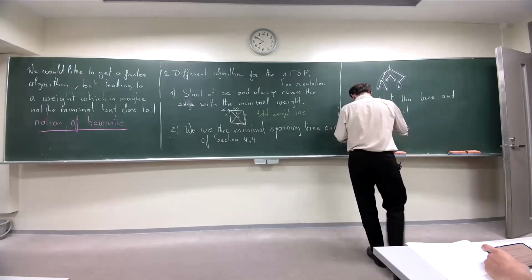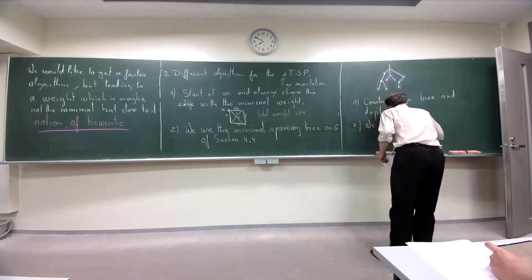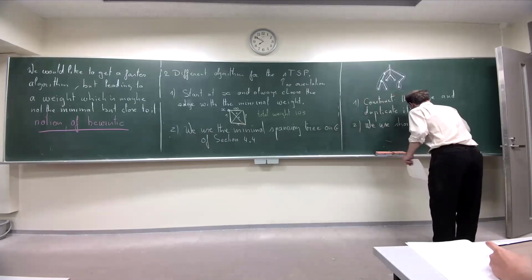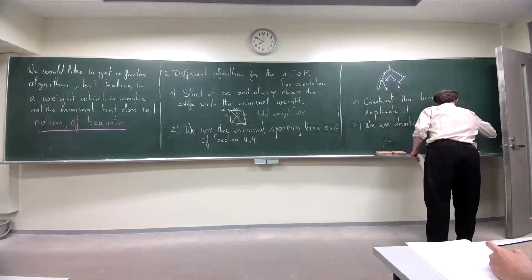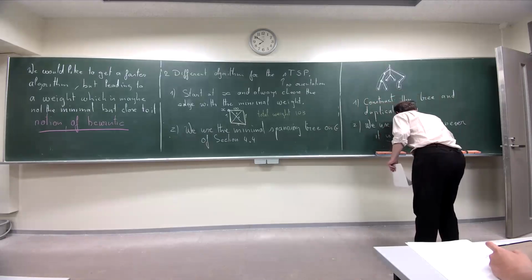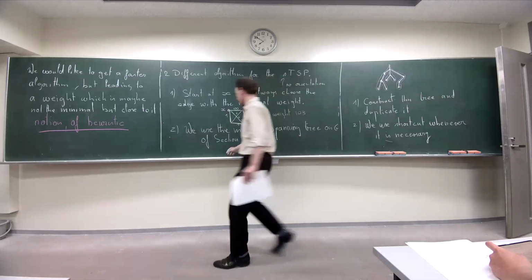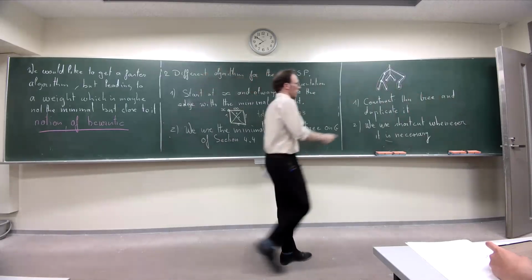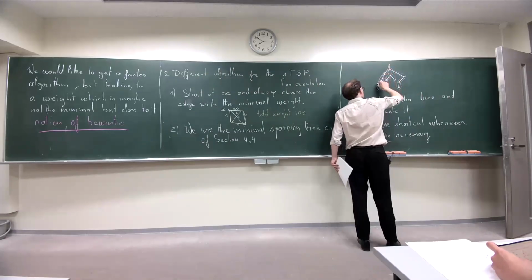Okay, and then we use shortcuts whenever it is necessary. Of course, you have to be a little bit more precise, but what I did was correct. So you start here, you follow this path.